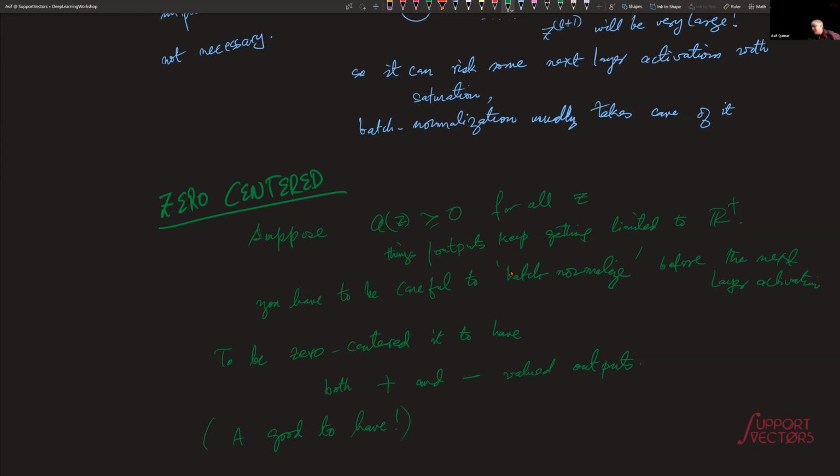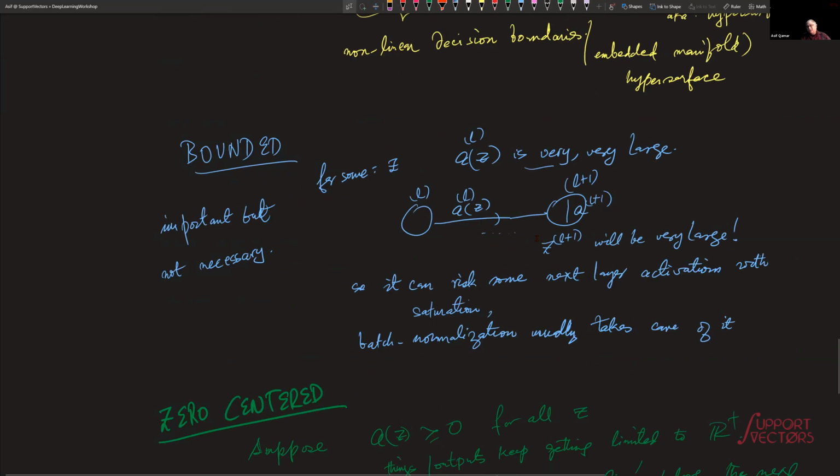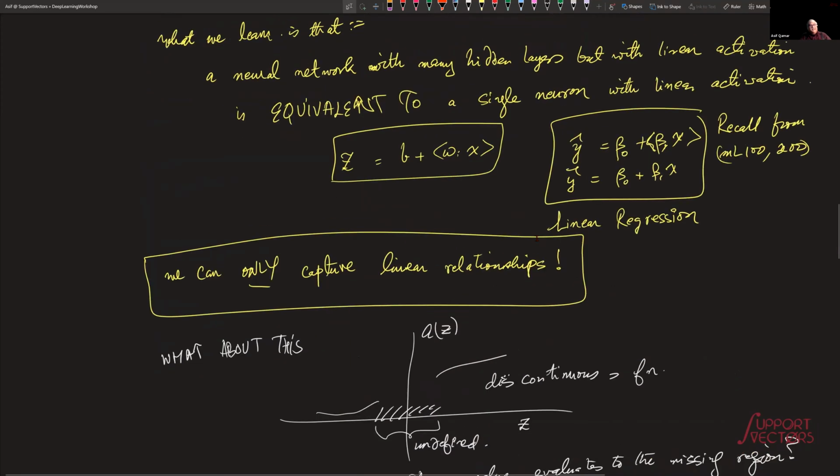Now, as we make progress, and I'll take you through the various activation functions, one of the things you'll realize is that fulfilling all the criteria is sometimes neither desirable nor possible. But there are some that you can't violate. For example, continuity is not something you can play with. It must be there.